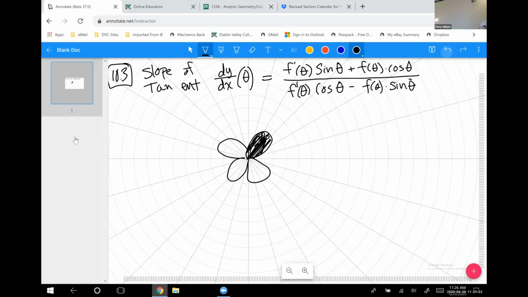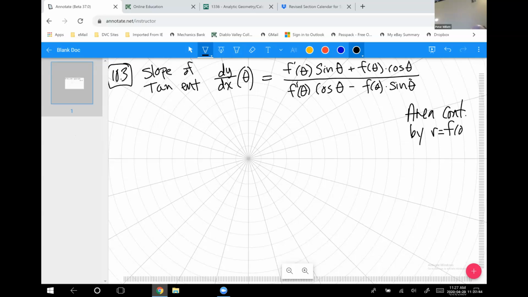But nonetheless, it's not the area under a curve thinking from left to right, it's area within the curve away from the origin. All right, so having tried to describe that, then we can have the area contained by r equals f of theta.